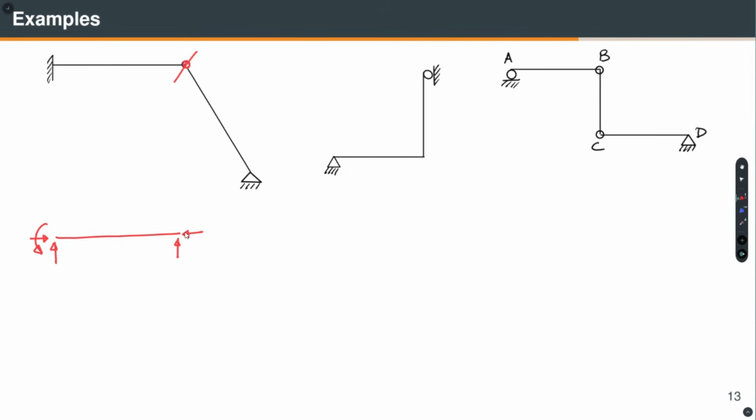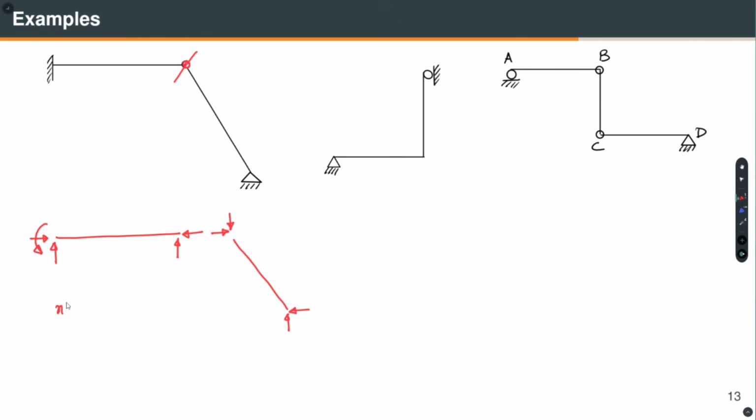Okay. And now, if I draw this part, this is the hinge. So, I have 2 reactions here. Here I have to apply equal and opposite. Okay. So, how many total unknowns do I have? I have here 3 plus 2 is 5, plus 2 is 7, right.